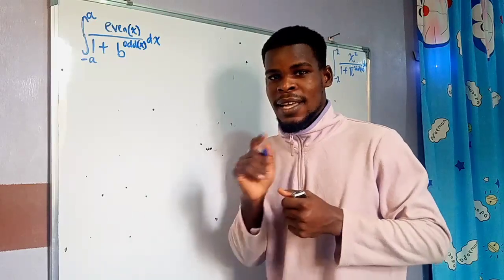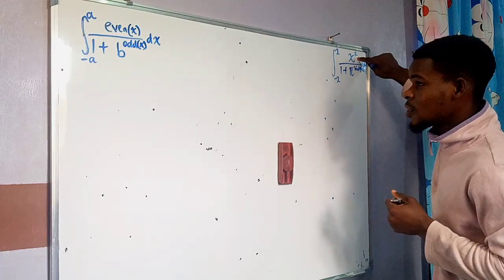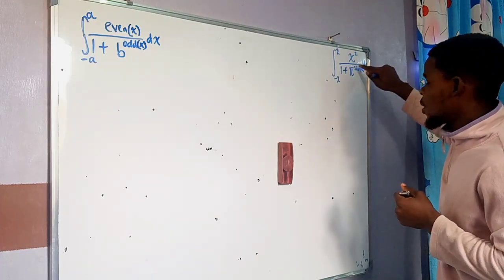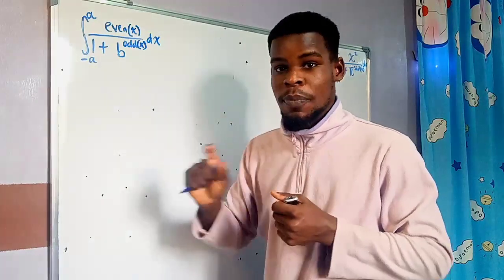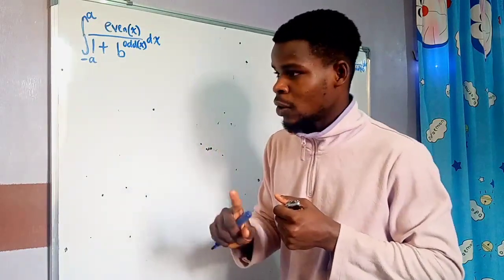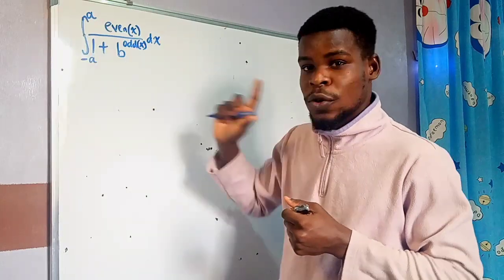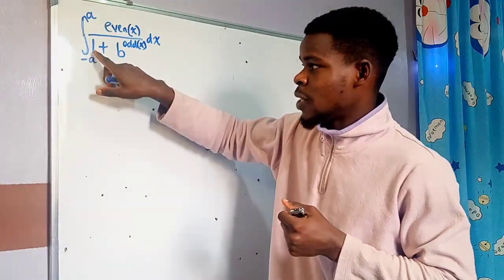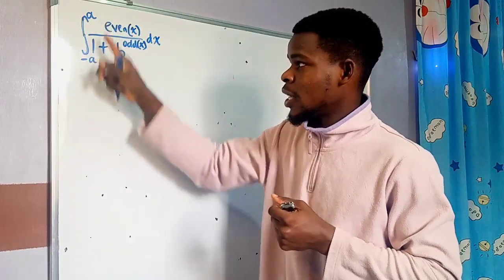Take note, this is what we did earlier. This was an even function of x, and this power here is an odd function. Take note, this b as a base here must be a positive number. That's one. And also, take note, this place must be 1 before you can apply this trick. This place must be 1, and then this interval must be symmetric, that is from negative a to a.